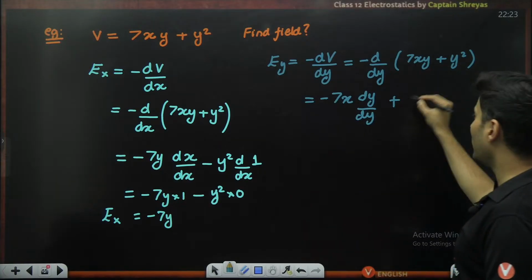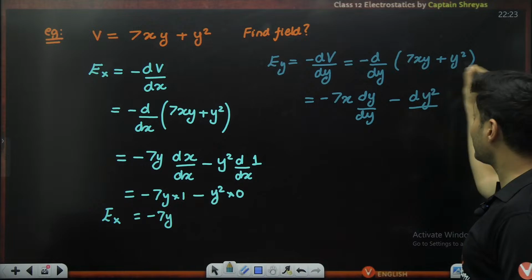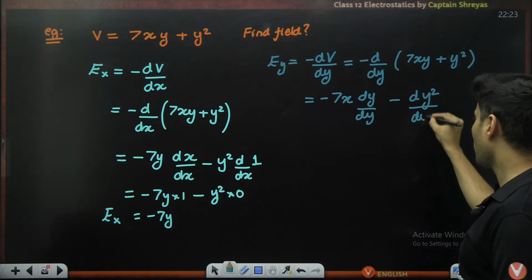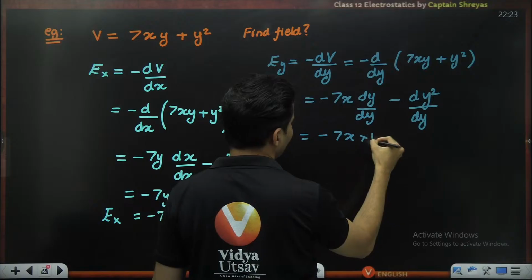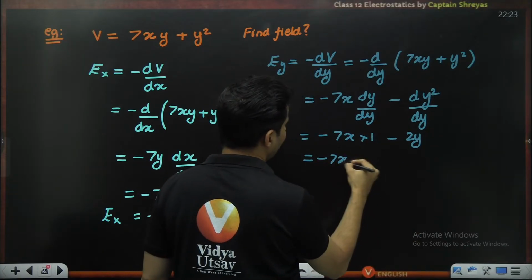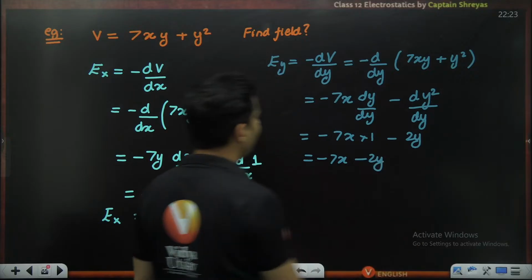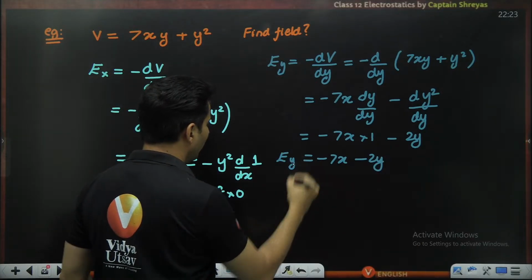Here y square, the variable, will come as it is, so it is not a constant. Except y, everything is a constant. So this will become minus 7x, dy by dy is 1, minus 2y. So it is basically minus 7x minus 2y. That is the y component.